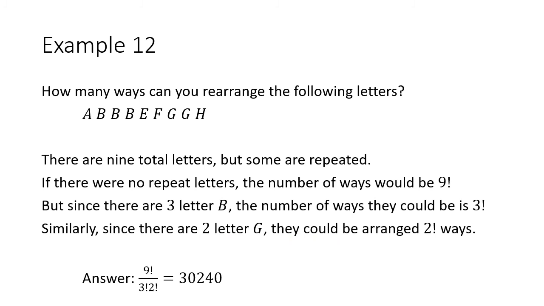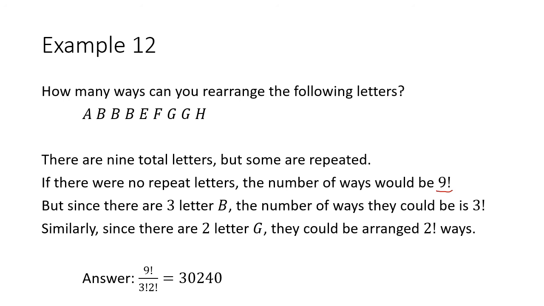All right, and the last example. How many ways can you rearrange the following letters? A, B, B, B, E, F, G, G, H. Well, there's 9 total letters, but some of these are repeated. If there were no repeated letters, then the number of ways would just be 9 factorial. There's 9 choices for the first one, 8 choices for the second one, 7 for the third one, and then 6, 5, 4, 3, 2, 1, all the way down.